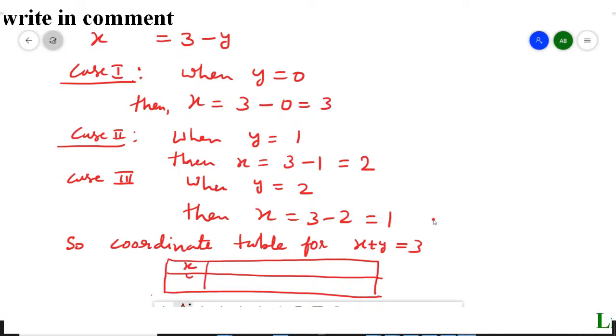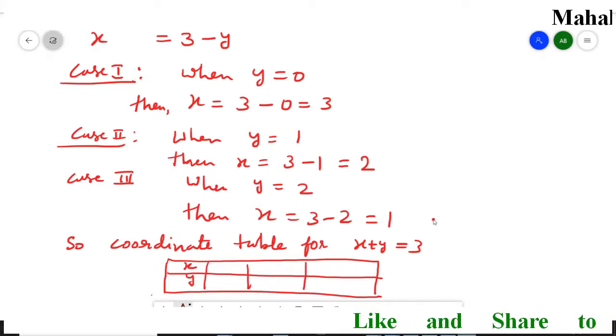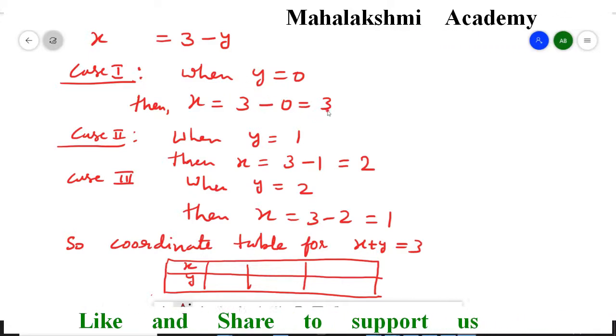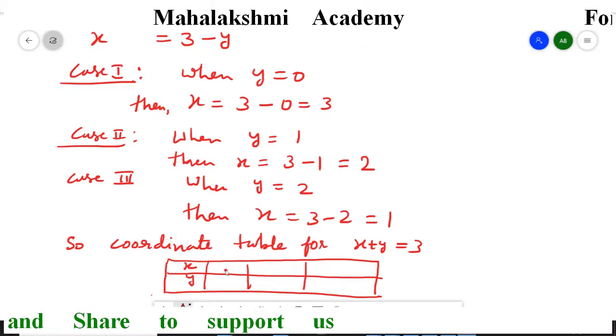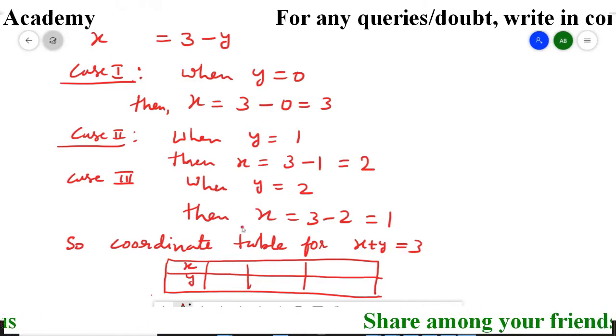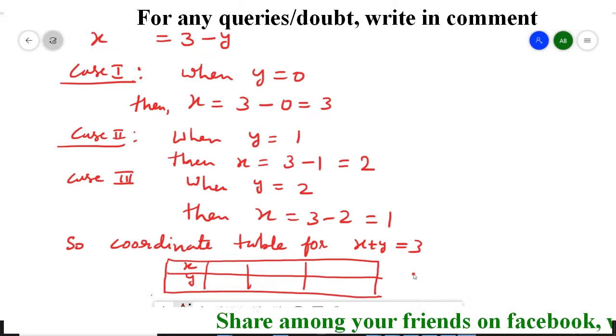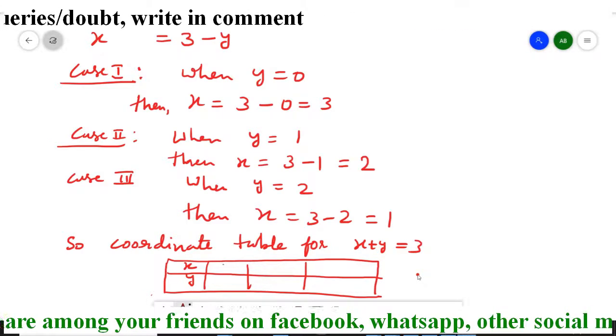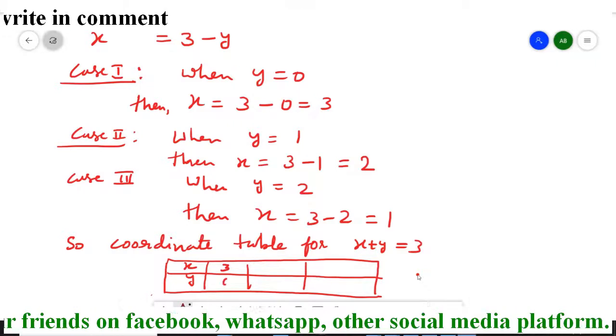First x, then y. So like this, just create 3 columns. This is our first case, x is 3 and y is 0. So here enter 3 and y is 0. Like this you have to enter column wise, and when you enter, be very careful, x should be entered in the x place. So it's going to be 3 and y is 0.